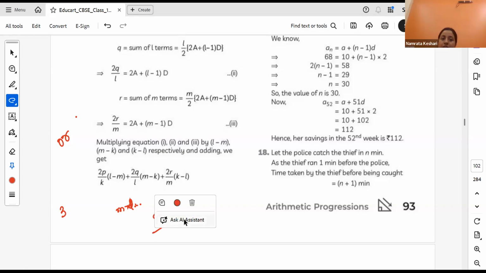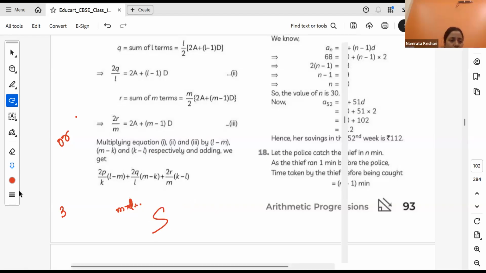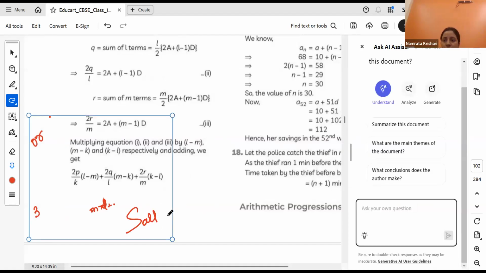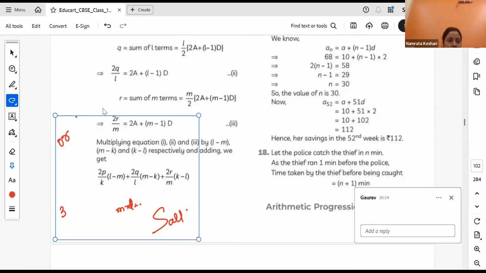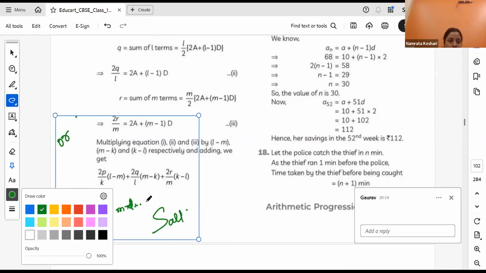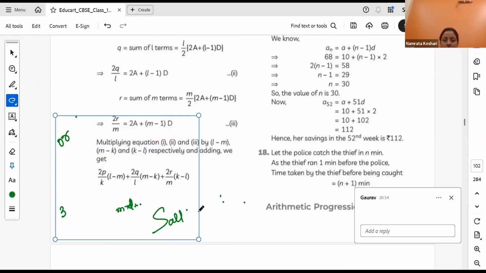Sum of all integers which are multiples of 3. Okay, so multiple of 3 we will be finding. Suppose all integers which are multiples of 3, you are having a number answer.